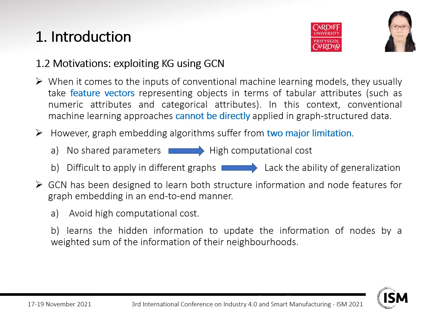When it comes to the inputs of the conventional machine learning models, they usually take feature vectors representing objects in terms of tabular attributes. In this context, conventional machine learning approaches cannot be directly applied to graph structure data. So, graph embedding algorithms have been proposed to learn the representation of the graph structure data. However, graph embedding algorithms suffer from two major limitations.